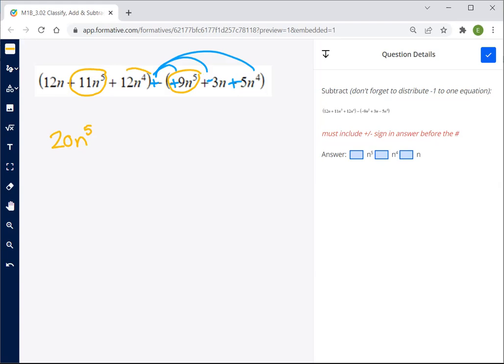Then we have to the 4th power, so that would be 12 plus 5 is 17n to the 4th power. And last but not least, we have our n's. 12 minus 3 is +9n. That gives us 20 plus 17 plus 9.